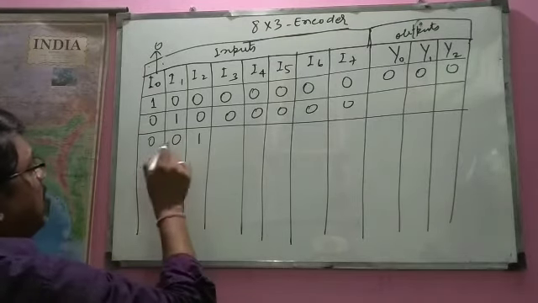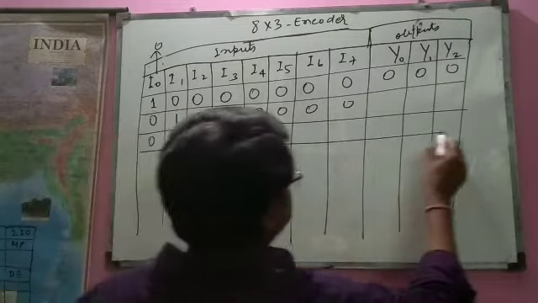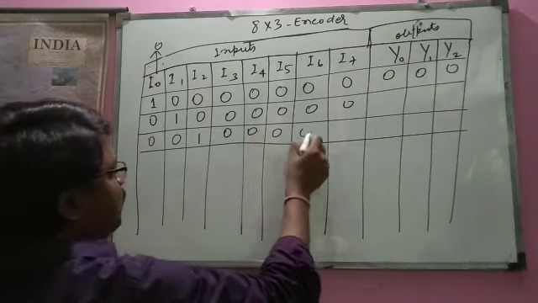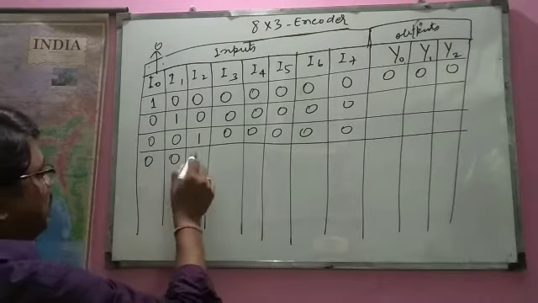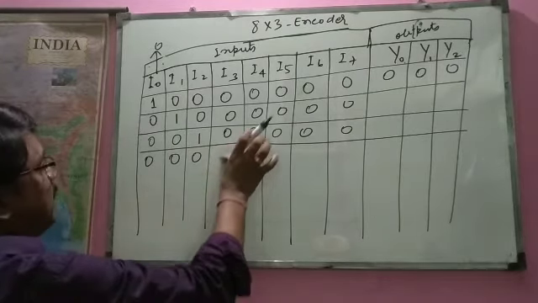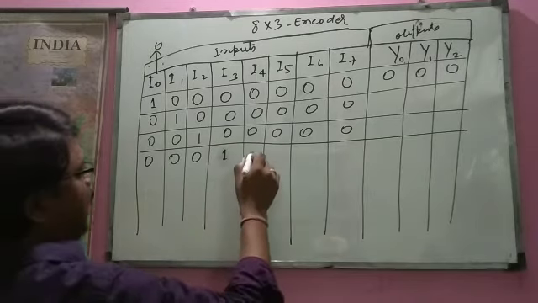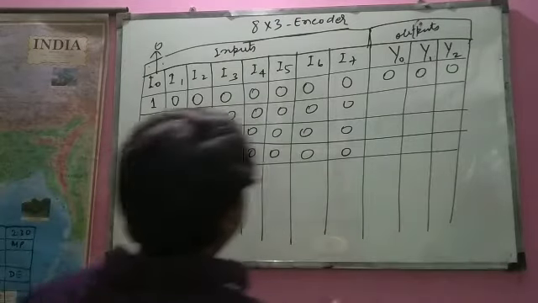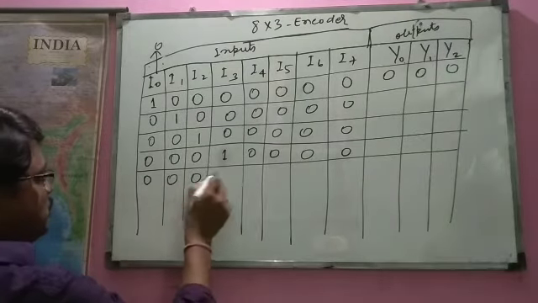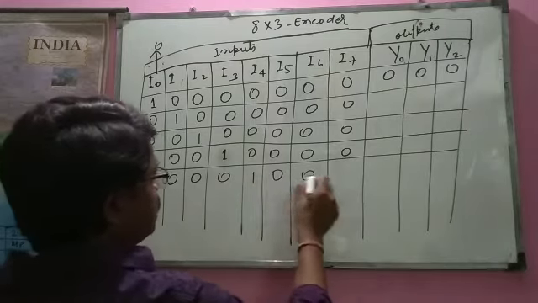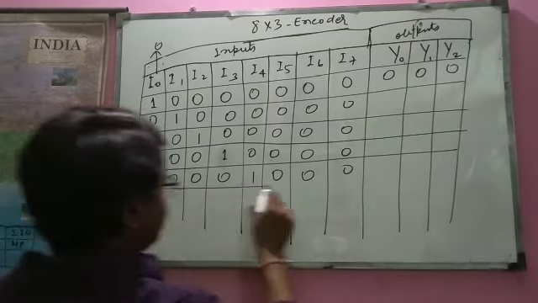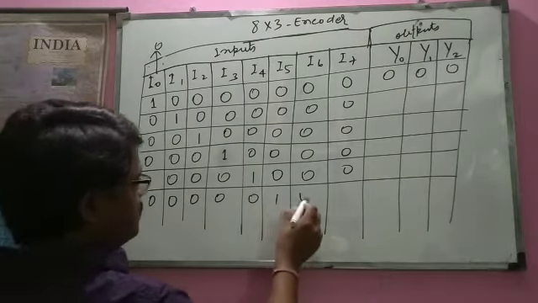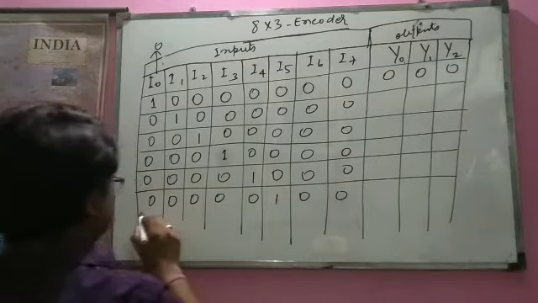So at this time only I1 is high and other inputs are low, and further only I2 will be high and all other inputs will be low. Okay, so 0, 0, 0, 0, 0, 1, 0, 0, like that.